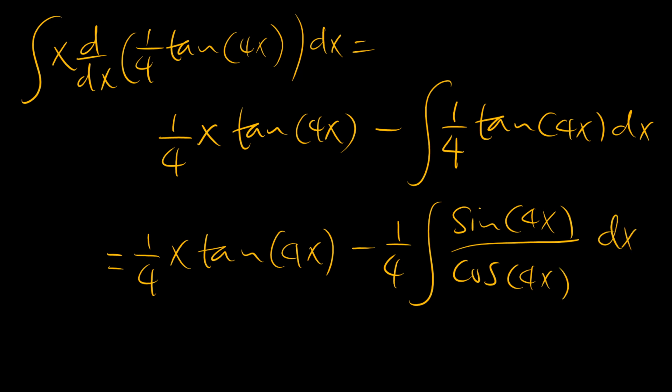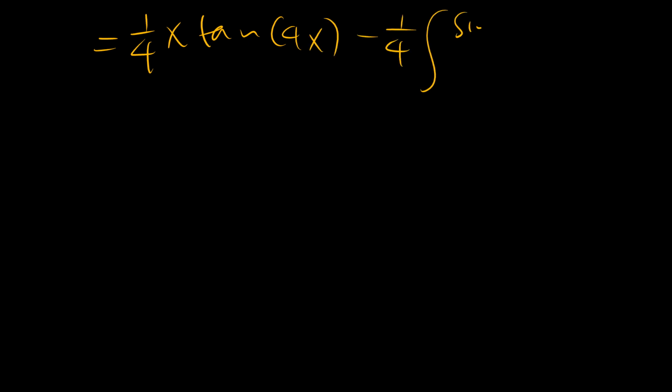Okay, so we've come to a point where we have a quarter x tangent 4x minus the integral of a quarter sine 4x over cosine 4x.